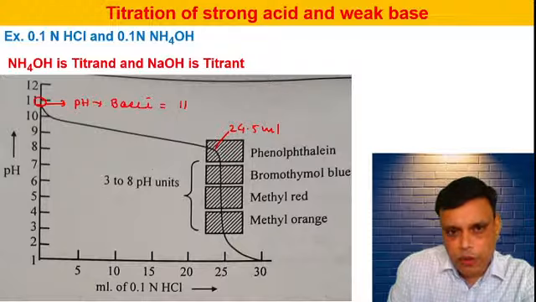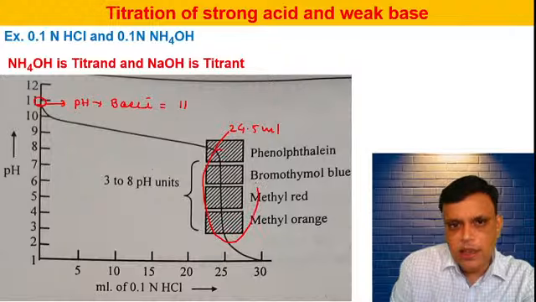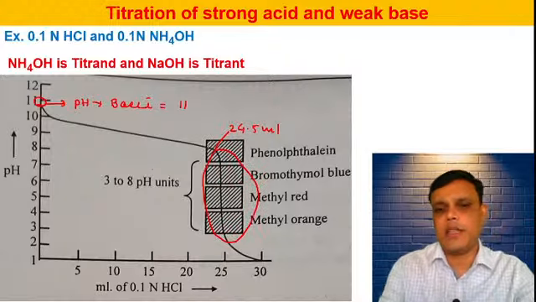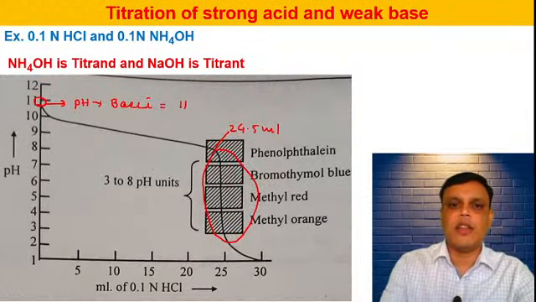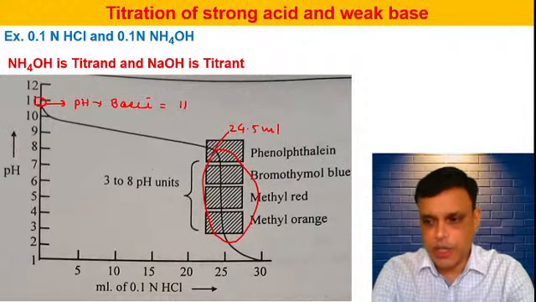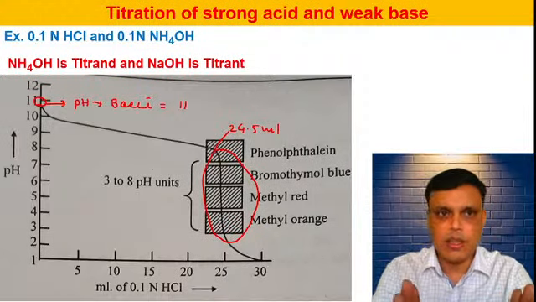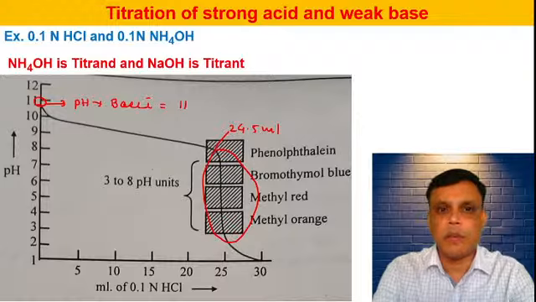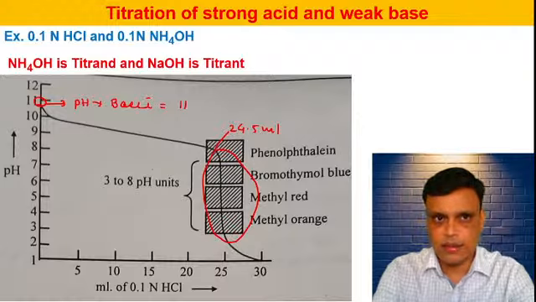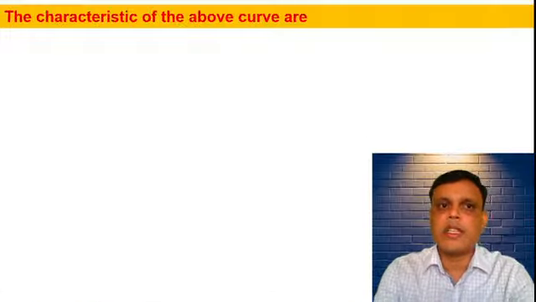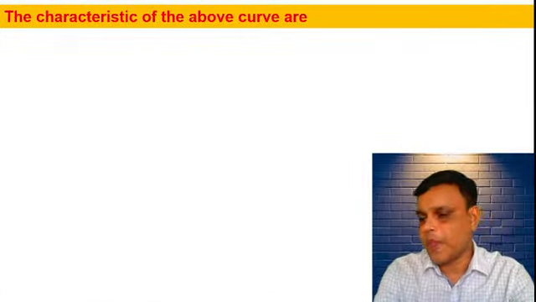From this point there will be a sudden decrease of pH. Okay, so this is the titration curve for ammonium hydroxide and HCl.